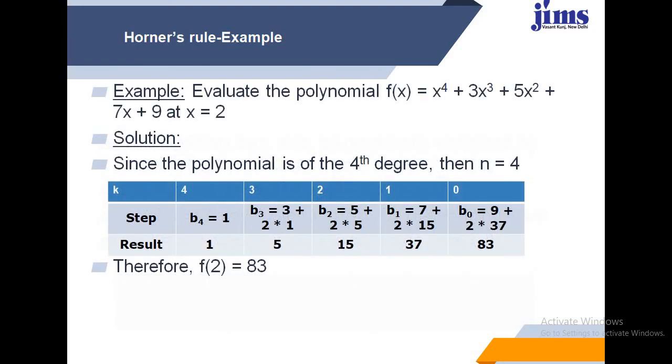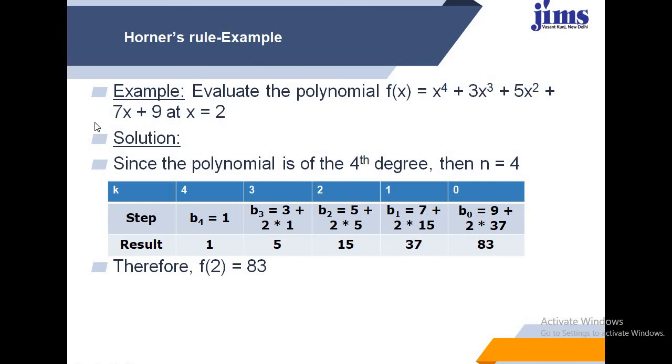Let's see this example. Let you have the polynomial x^4 plus 3x^3 plus 5x^2 plus 7x plus 9, and you are required to find this polynomial value at x equal to 2. So now we will start.